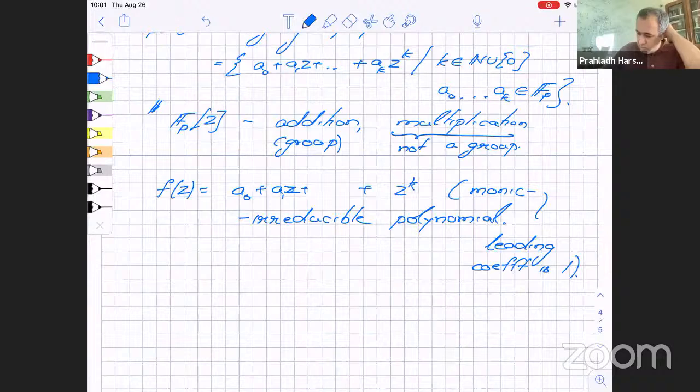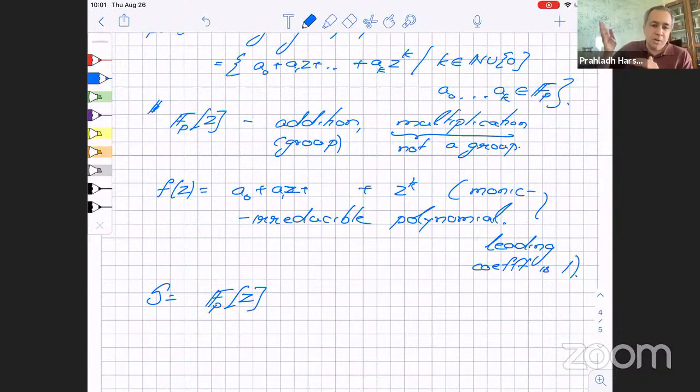What I want to do now is look at the set S, which is F_p[z] modulo f(z). Just like we took the integers modulo a particular prime, Z_p, I'm going to take the polynomials modulo this particular irreducible polynomial.